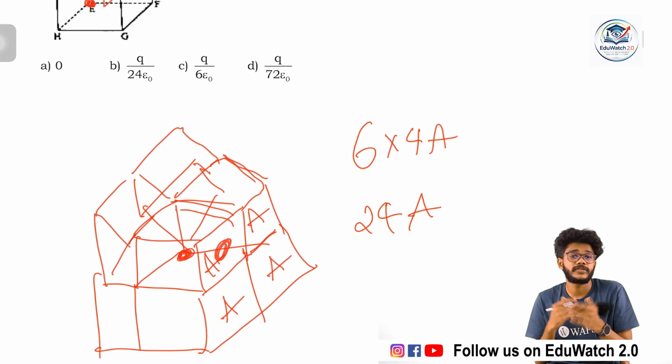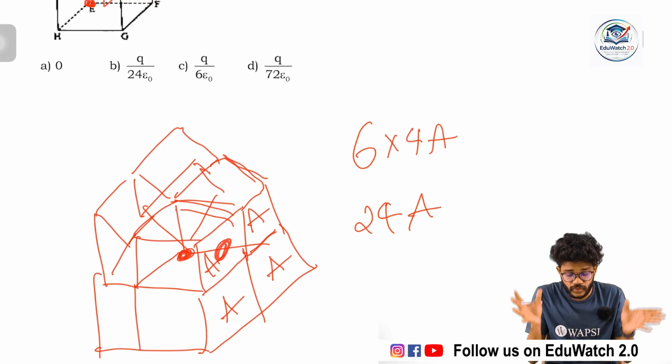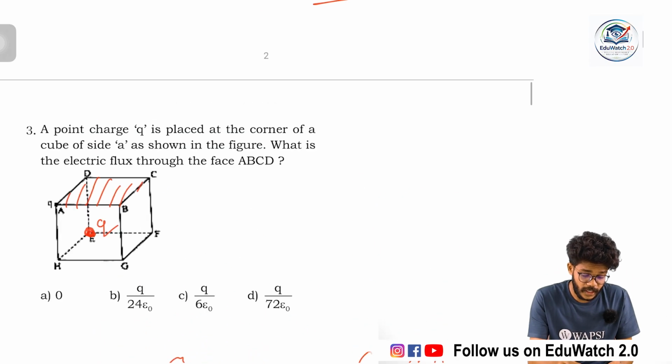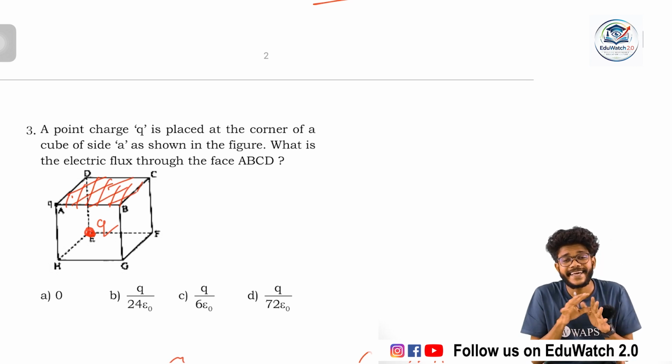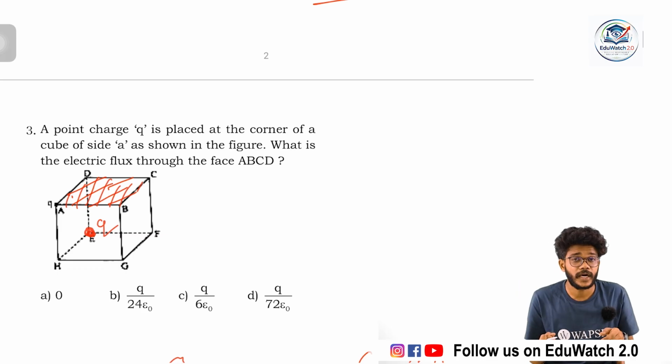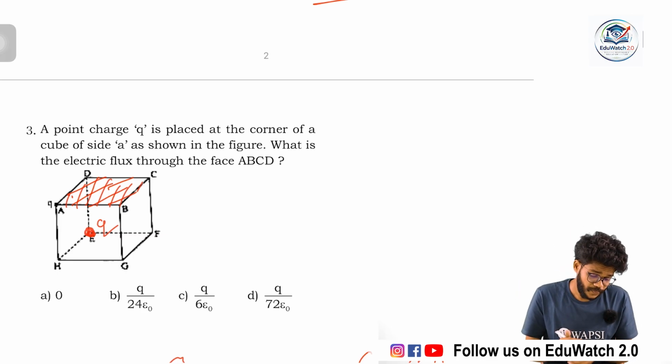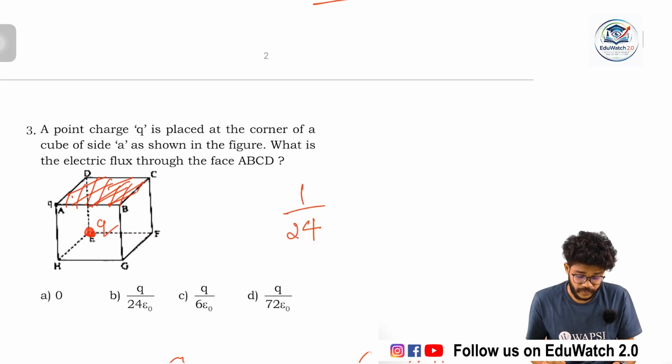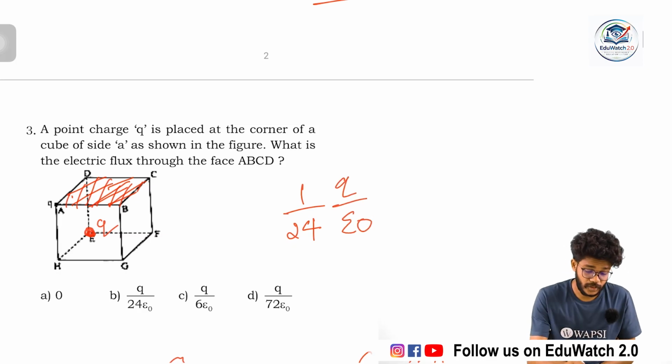We get 24 areas through the sides, and we are only bothered about one of them. This area will share an equal fragment of the field lines. So 1 by 24th of Q by epsilon is the total flux passing through this area.